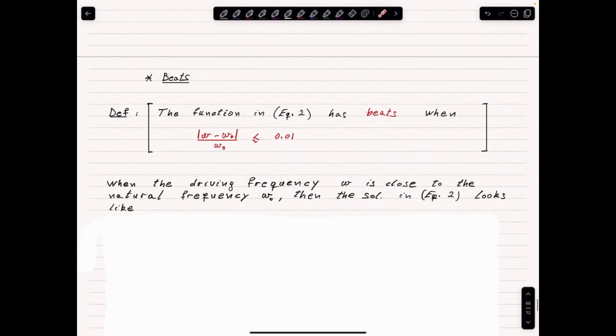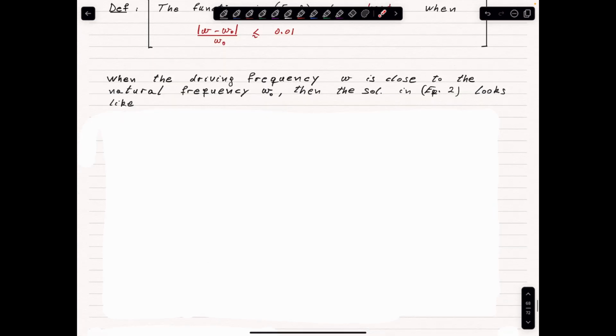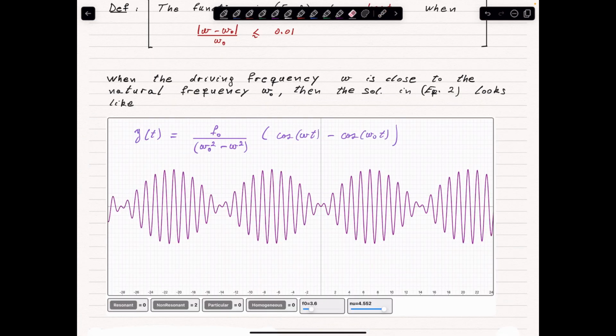The combination of all that produces a solution that looks like this. So this is the solution we are making the graph of, and the solution has oscillations, and there is also a modulation in the amplitude that creates this behavior.